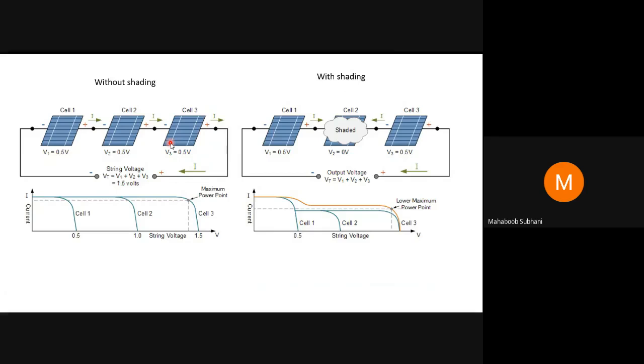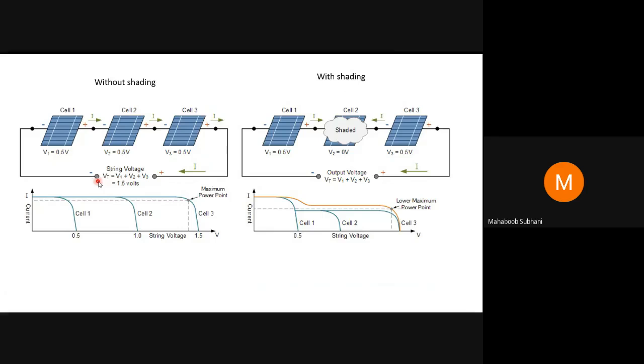And we know in the last video we have seen that to multiply the voltage, we have to connect the cells in series connection, right? Now, the total voltage is the summation of all three individual cell voltages. So the voltage will be 0.5 plus 0.5 plus 0.5, which totally gives rise to 1.5 volts.